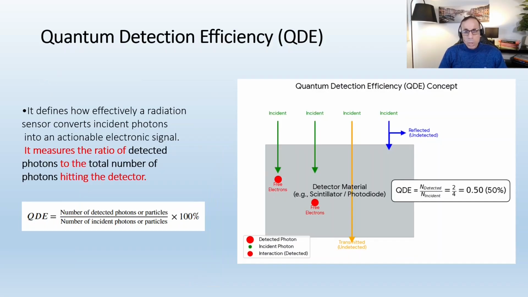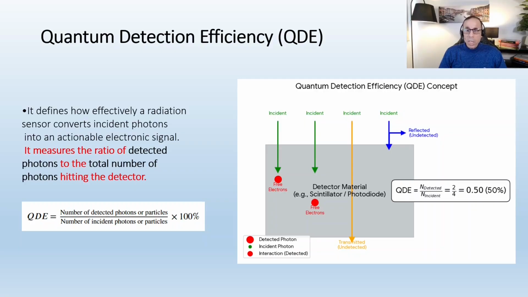The other important difference between the two systems is the quantum detection efficiency of the detectors. Now we should define quantum detection efficiency first, and then we go on to explain the main differences between the two systems. Let's look at the slide here.